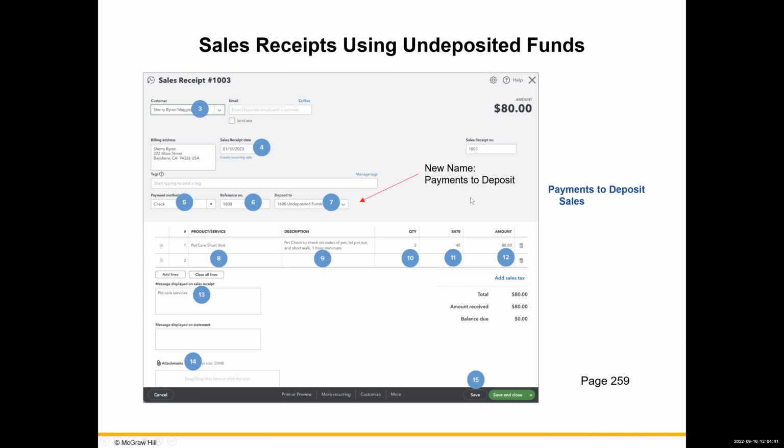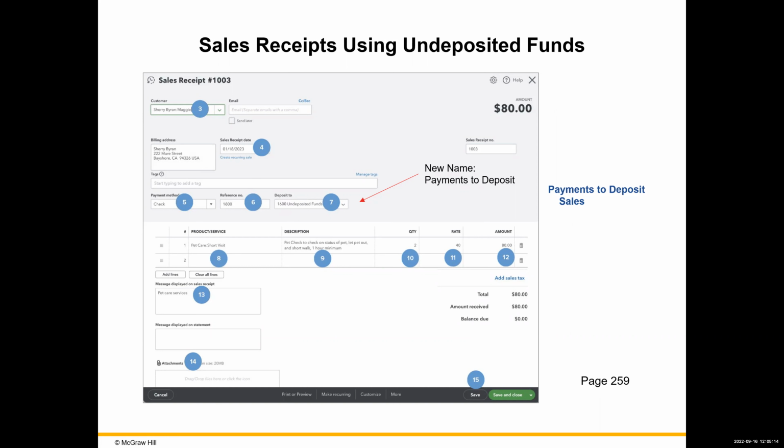Because we're doing it to payments to deposit, we're going to have to make a separate bank deposit, right? But if you went and said deposited to checking account 1001, you could circumvent that step. But really, doing it this way, putting in payments to deposit here, is what's going on, because you just received the check.